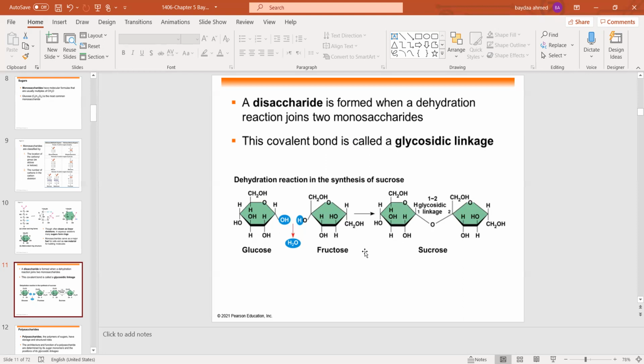We have lactose, the sugar present in milk. It's composed of glucose and galactose. Maltose, two glucose, two monosaccharides. So a disaccharide is a molecule composed of two monomers, or two monosaccharides.